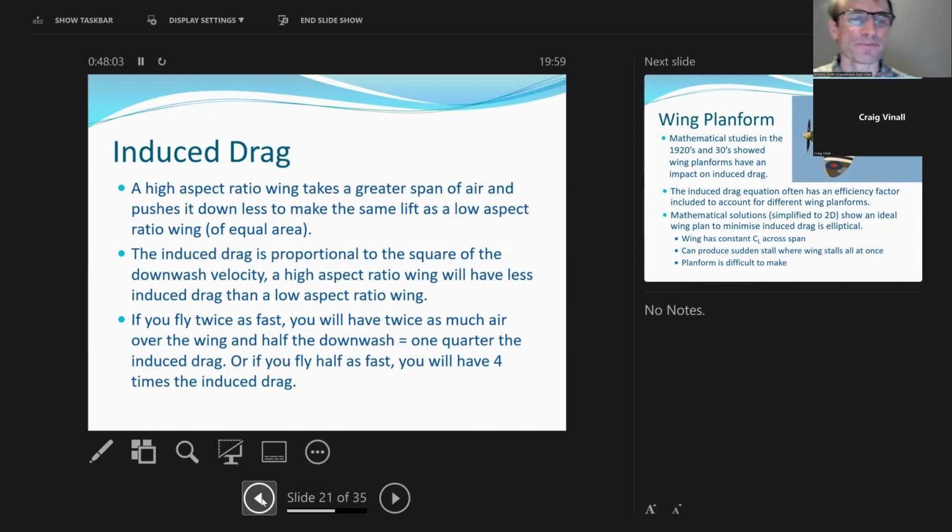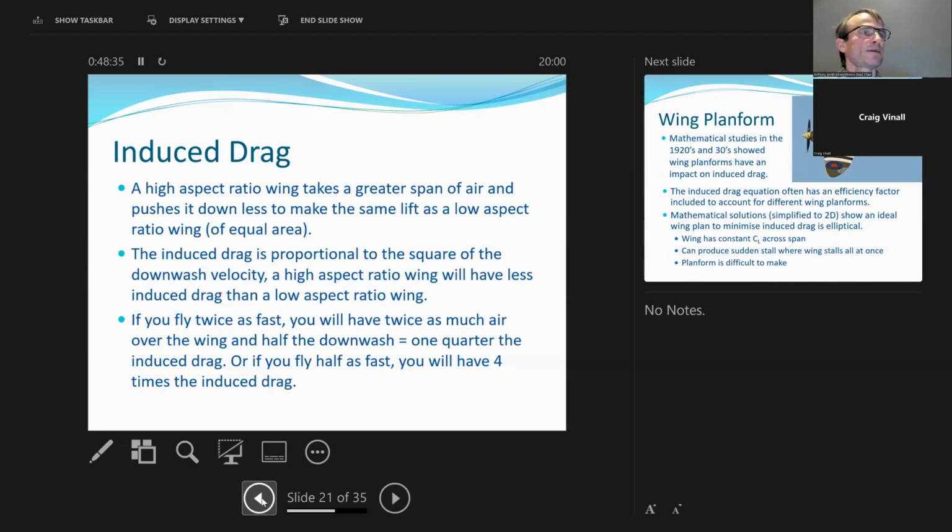So, induced drag. A high aspect ratio wing simply takes a greater span of air and needs to push it down less to make the same amount of lift as a low aspect ratio wing of a similar area. The induced drag is proportional to the square of that downwash velocity. So if you have a high aspect ratio wing, which is taking a greater sample of air and pushing it down less, you're going to end up with less induced drag.